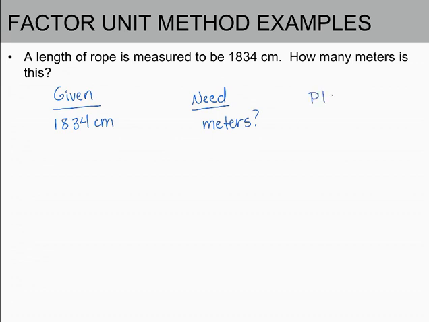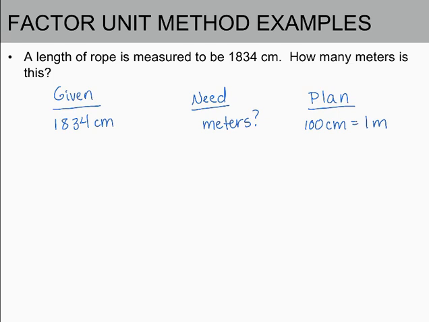So now our plan of attack: we're going to use the factor unit method again, but we need that equality or conversion factor between centimeters and meters. Now earlier we said that there are 100 centimeters for every meter. So we can use that as our factor.